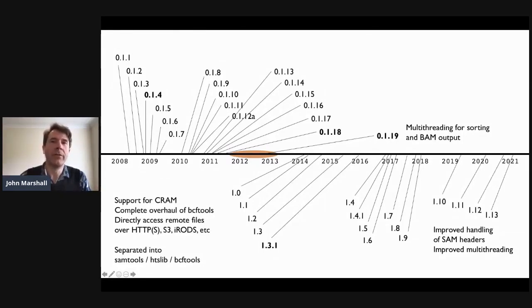So it was the dominant version of Samtools for quite a long time, and with a sort of Herculean amount of effort, mostly from Petr Danecek of the Sanger, 0.1.19 came out, which had some multi-threading support for sort commands and for writing BAM files. But really, for that whole sort of 2-year period, that was the only movement in Samtools.